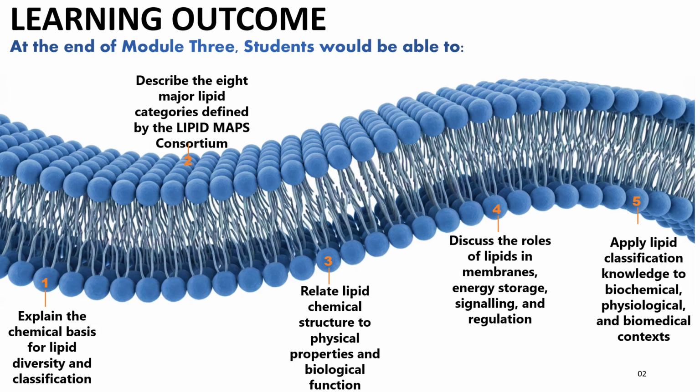Relate chemical structure to physical properties and biological functions, especially in biological systems. 4. Discuss the roles of lipids in membranes, energy storage, signaling, and regulation. 5. Apply lipid classification concepts to biochemical, physiological, and biomedical situations. These objectives will guide our discussion and help you connect lipid chemistry to real biological functions.